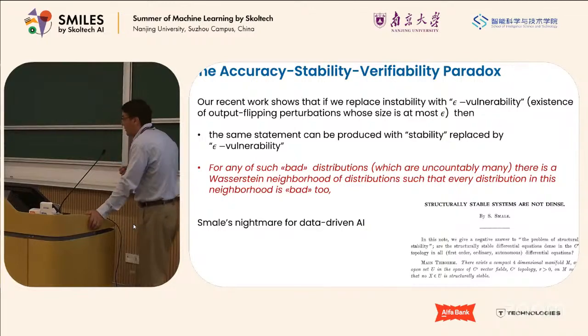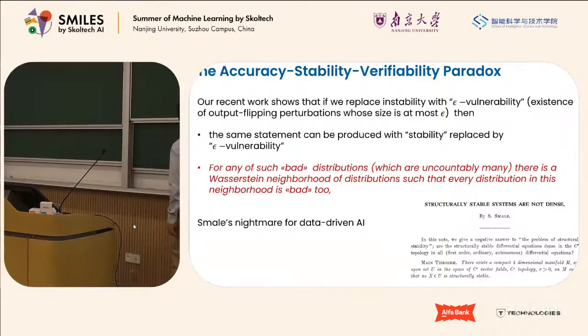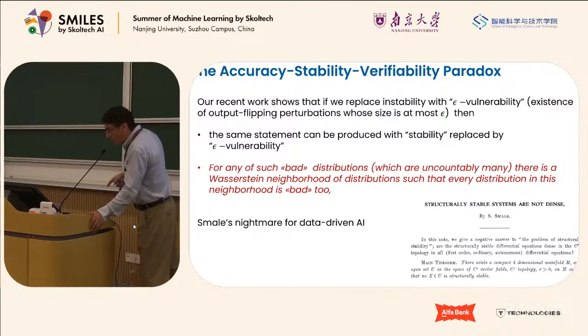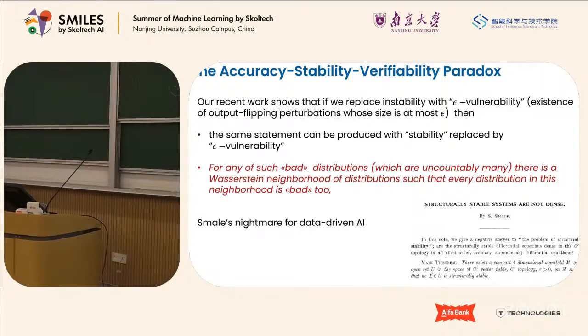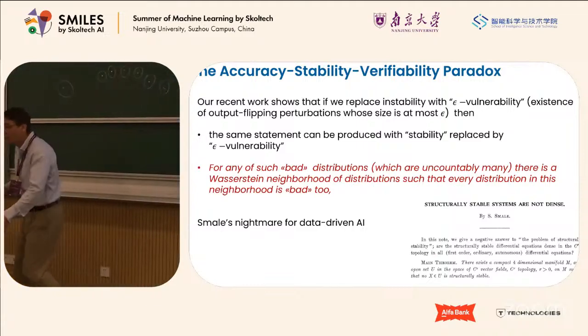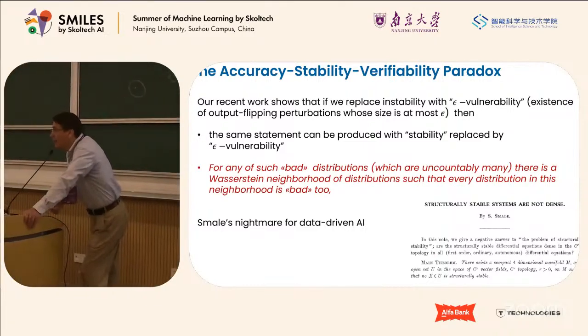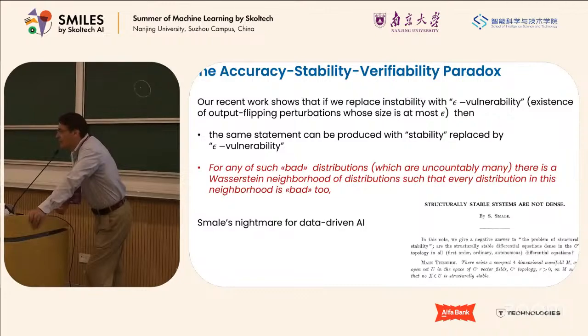What I'm saying is this: around each distribution which is bad, there are neighborhoods of nearly equally bad distributions. So the claim is topologically significant.